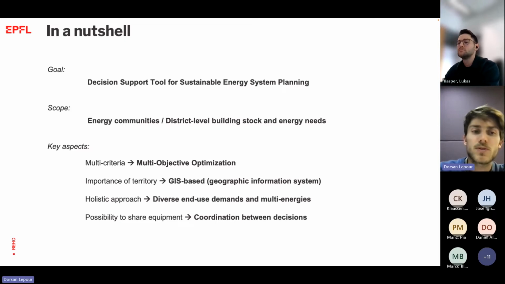There is a strong importance on the considered territory, that's why we adopt a GIS-based approach. We also ensure a holistic approach by modeling the diverse end-use demands and multi-energies flowing through the districts. And a last very important point is the possibility to share equipment and for buildings to interact between themselves, so we'll have some coordination between the different actors and their decisions.